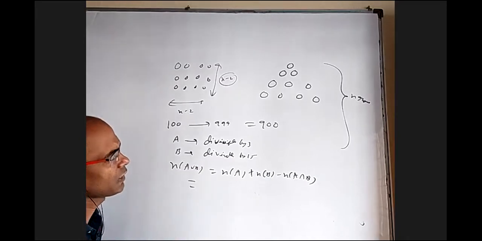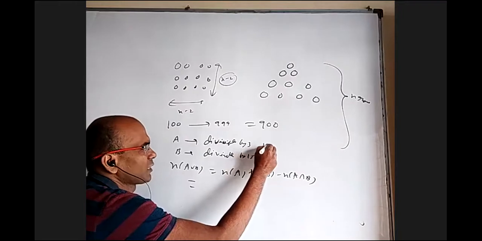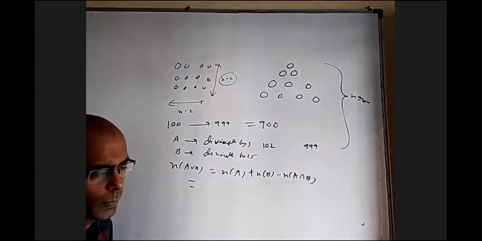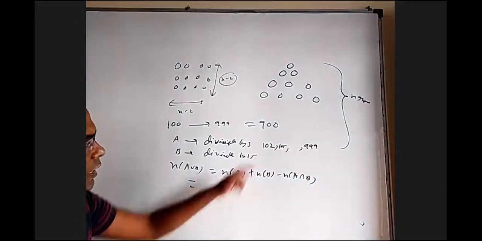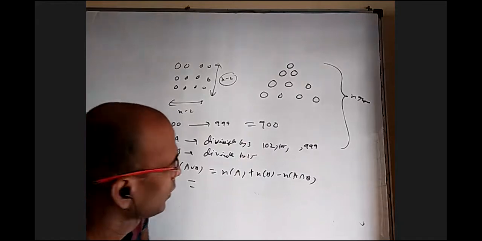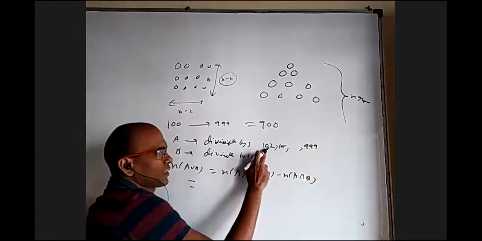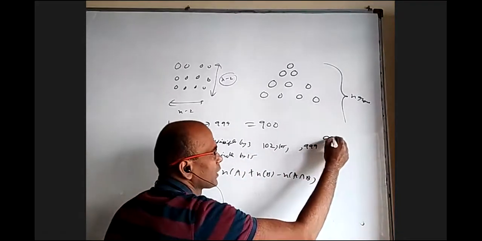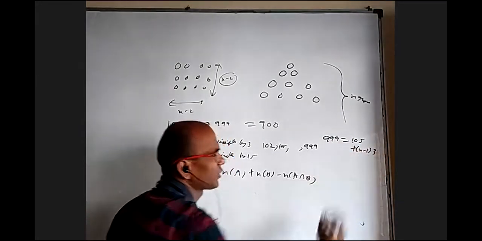So multiples of 3, how to count? The smallest three-digit number divisible by 3 is 102, and the largest is 999. So 102, 105 up to 999. But how many numbers are there? For that, we have to use the AP formula. We know the first term, we know the last term, we know the common difference, but we don't know n. So 999 is equal to 105 plus n minus 1 into common difference 3.